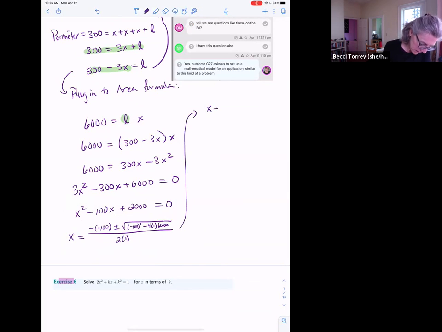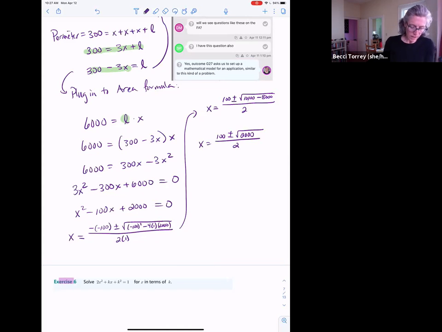So x is equal to 100 plus or minus the square root of 10,000 minus 8,000, which is 2,000, divided by 2.